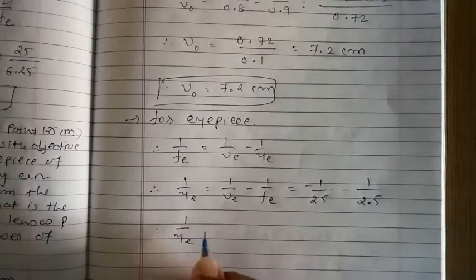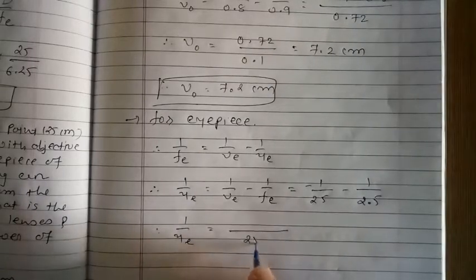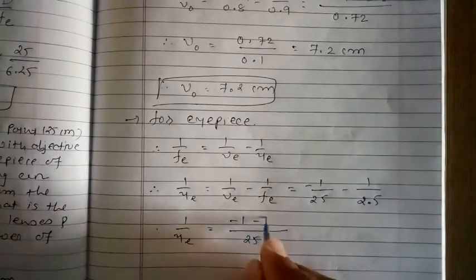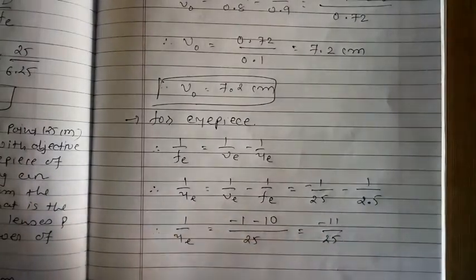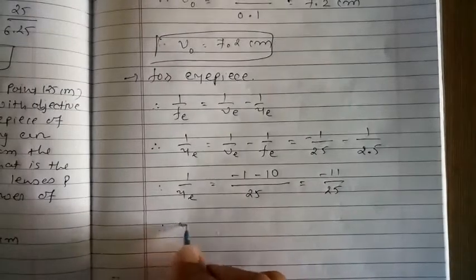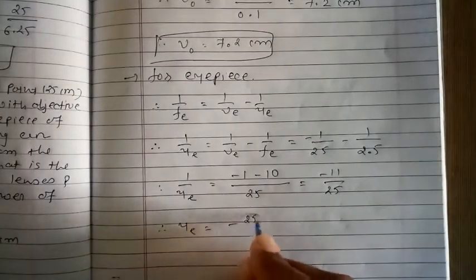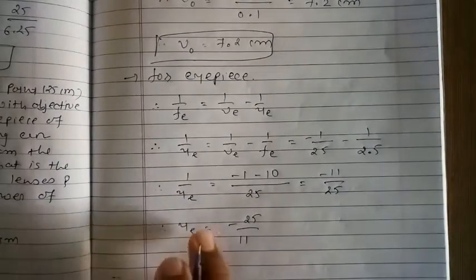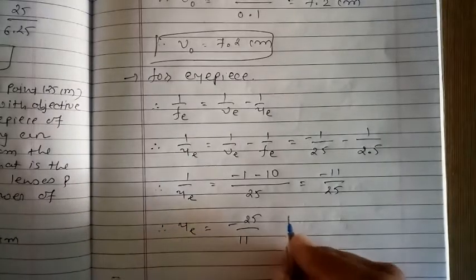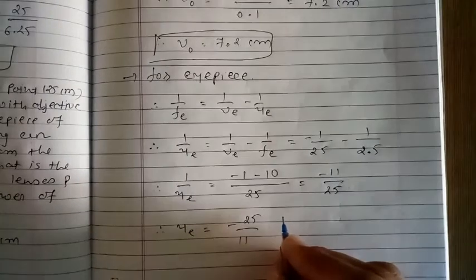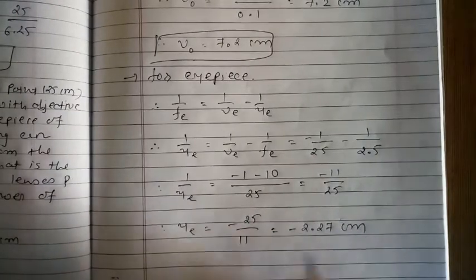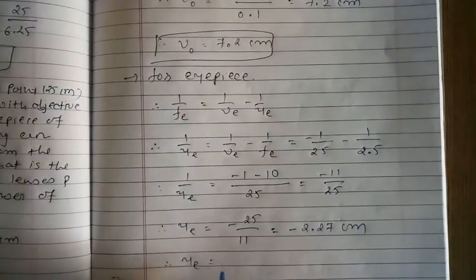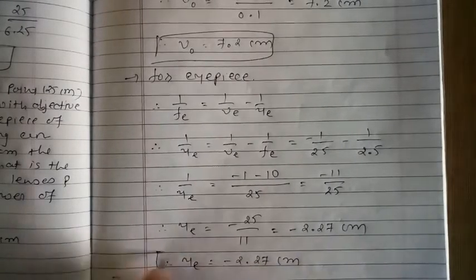So 1 upon UE is equal to, here the LCM is 25, so minus 1 minus 10, so minus 11 upon 25. So UE is equal to minus 25 upon 11, so minus 2.27 centimeter. So UE is equal to minus 2.27 centimeter.